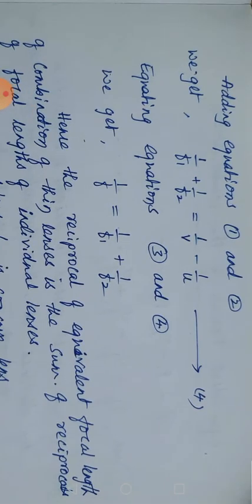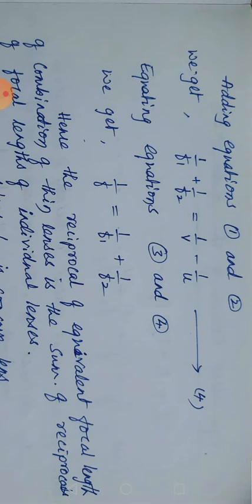Further, adding equations 1 and 2, we get 1 by f1 plus 1 by f2 equals 1 by v minus 1 by u. Let's call this equation 4. So, equating equations 3 and 4. Equation 3 is the lens formula for the equivalent lens. Equation 4 is the addition of equations 1 and 2.